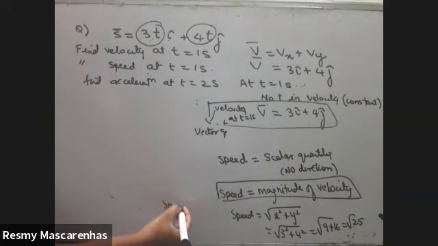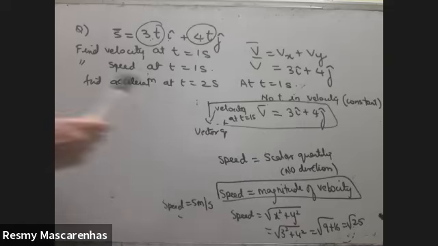So speed is 5 meters per second. That is only a value. So speed will come as a pure number, and velocity will come as a vector with i and j. Any doubts in this? Still there is no t to be substituted over there, so that will anyway remain the same. That will not change.